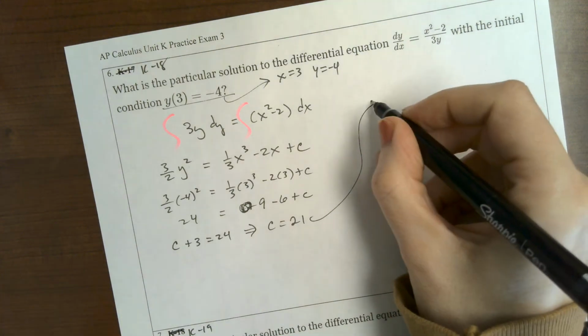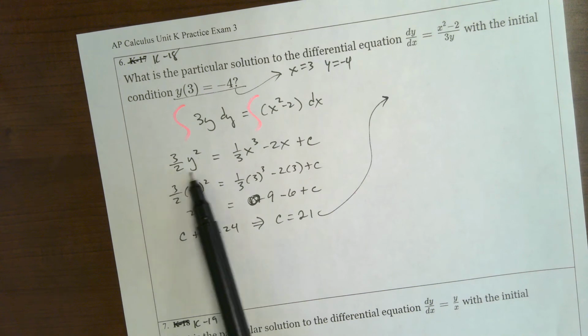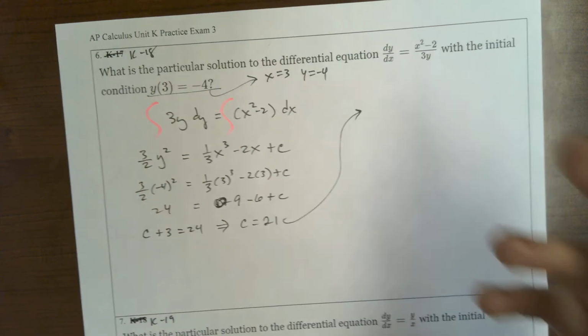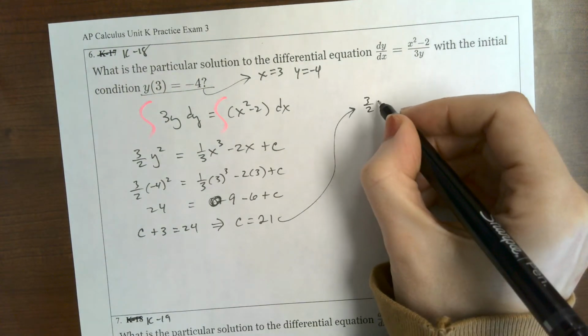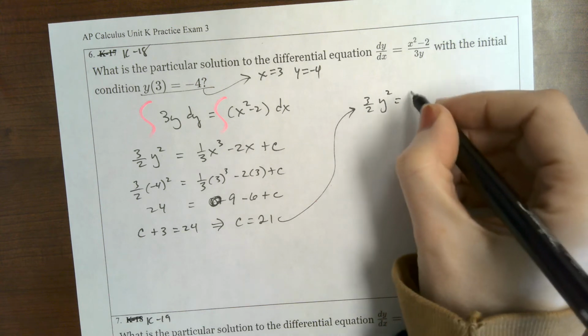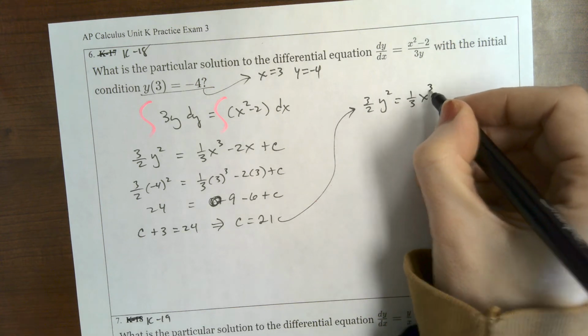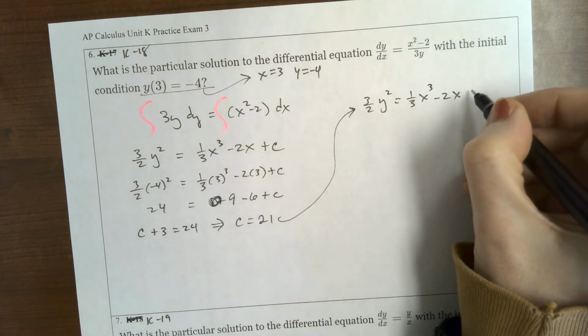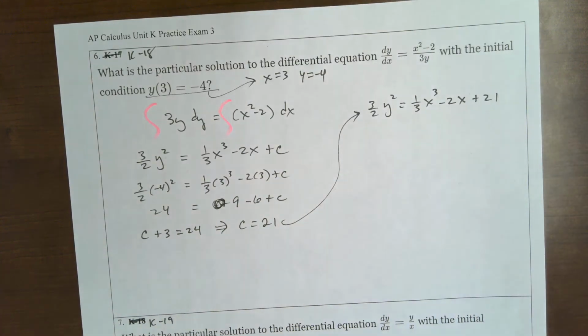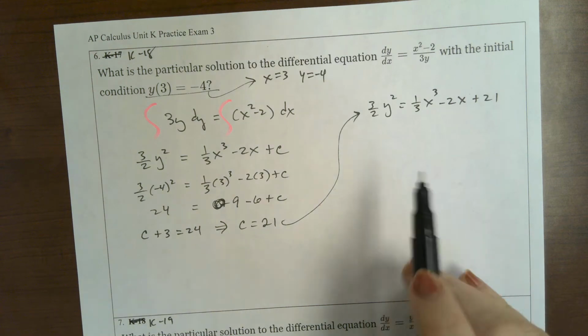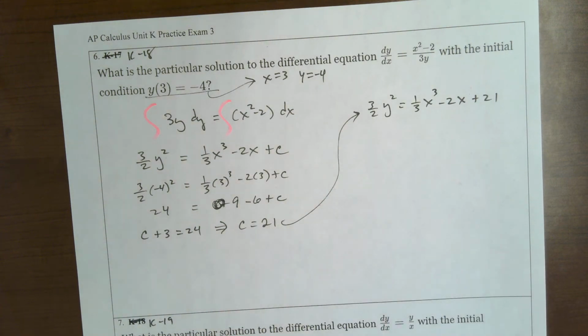Now I'm going to take this and plug it back into here. 3 halves y squared equals 21. Then you need to divide everything by 3 halves, which is the same as multiplying everything by 2/3.